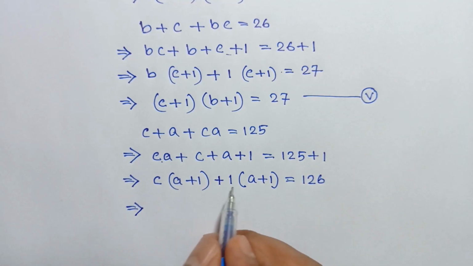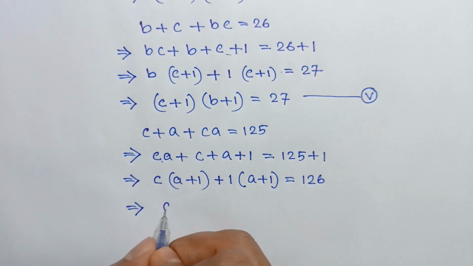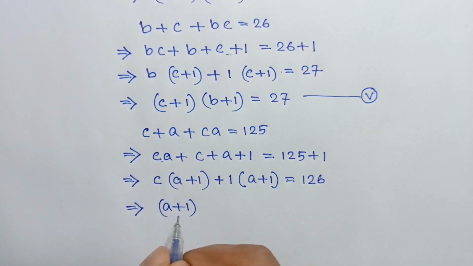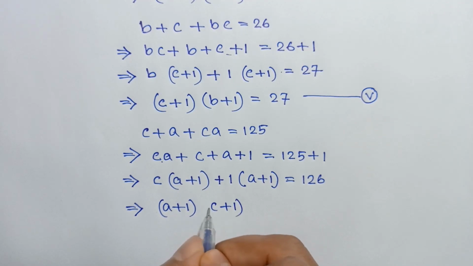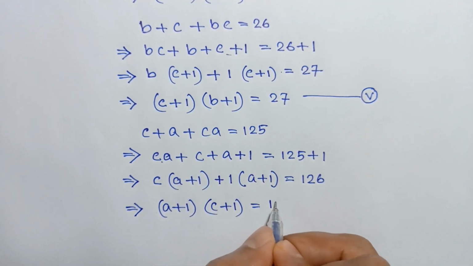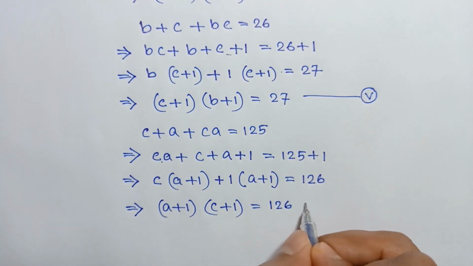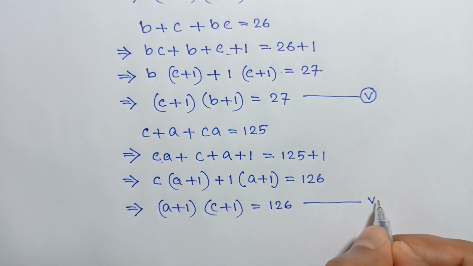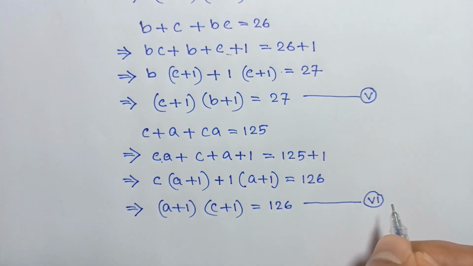Taking (a + 1) common we will have (a + 1)(c + 1) = 126. Call it equation number 6.